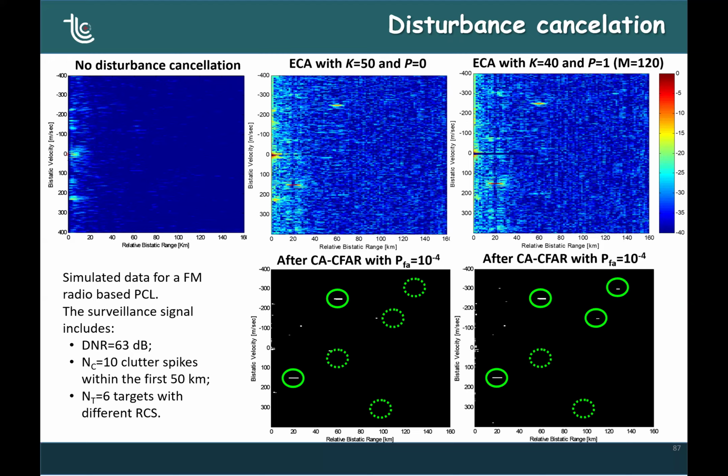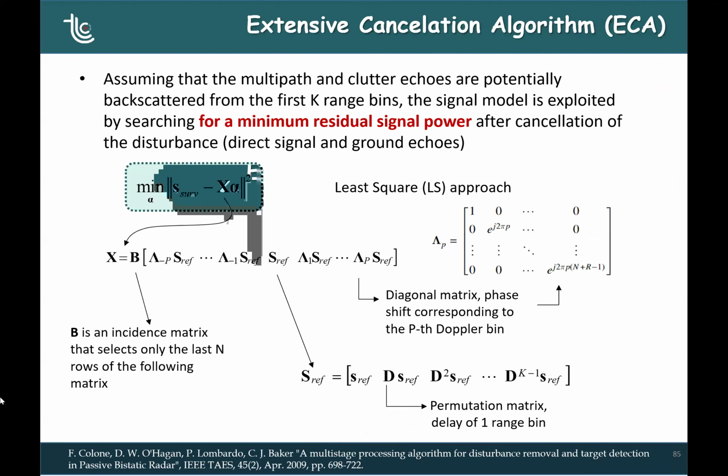Okay, so in the first image, we consider k equal to 50 range cells, and p is equal to 0. It means that the matrix X is composed only of the matrix S ref, so only 50 delayed copies of the reference signal.